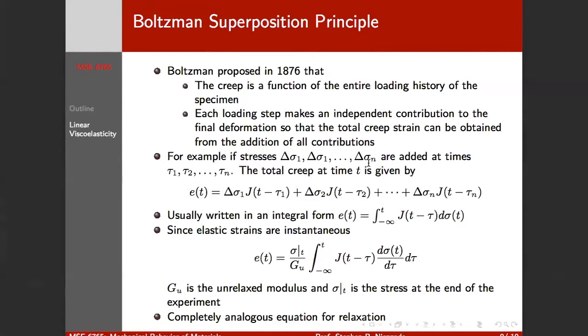You need to know what the entire loading history of the part was in order to compute what's going on. Each loading step makes an independent contribution to the final deformation, so that if we know all the history, we can just sum it up.